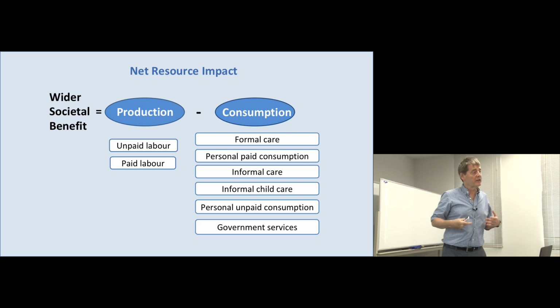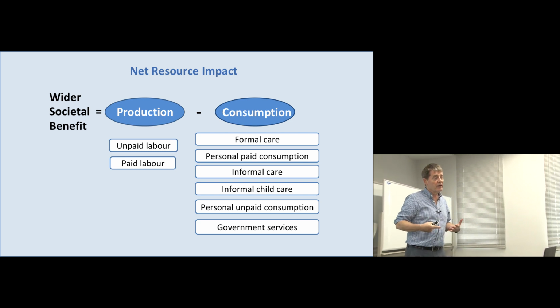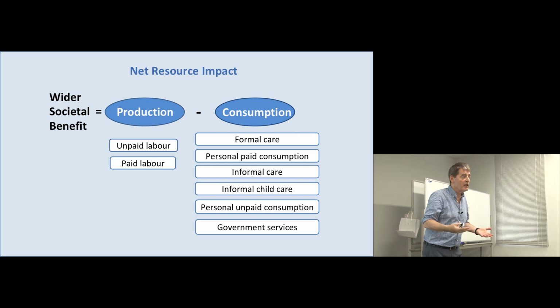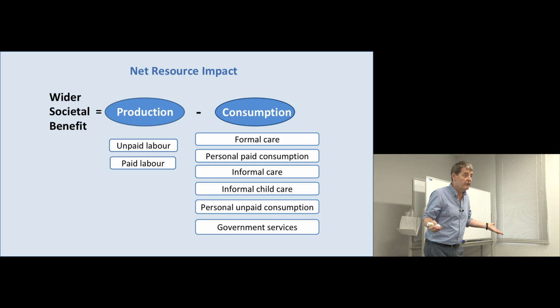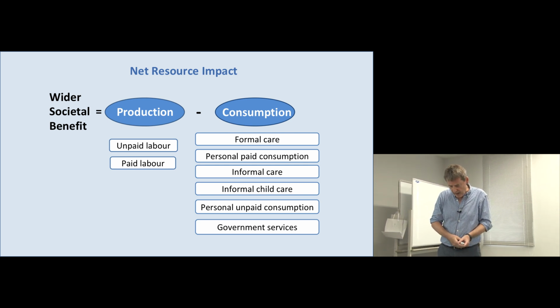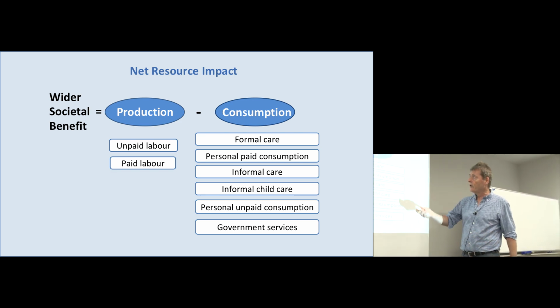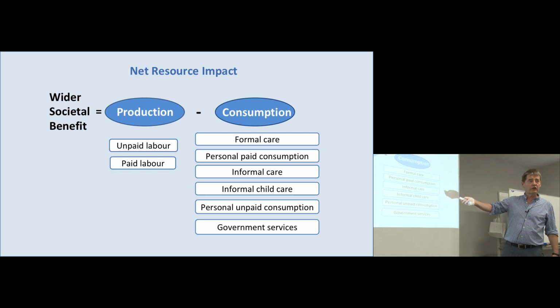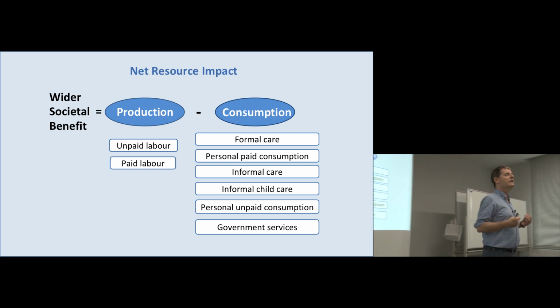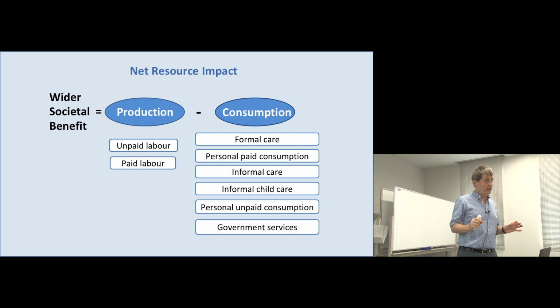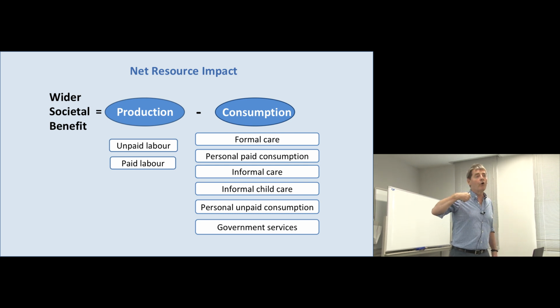So the idea is this: patients, if you don't intervene, will have a particular level of production. It may be zero, of course. They're unable to work. If you intervene, you will change the expected production. Now, it's important here to stress that production is not being viewed narrowly as only paid labour.